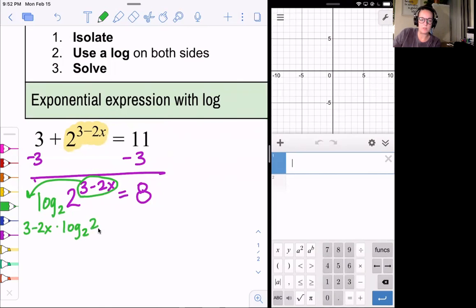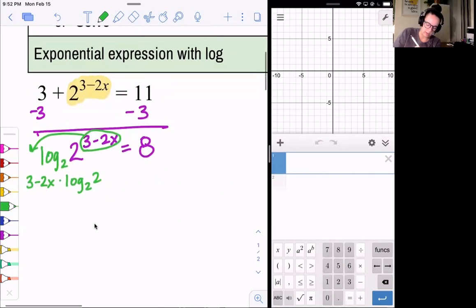Remember, log base 2 of 2 is 1. Log base anything of itself is positive 1, so this cancels, and I would have 3 minus 2x.